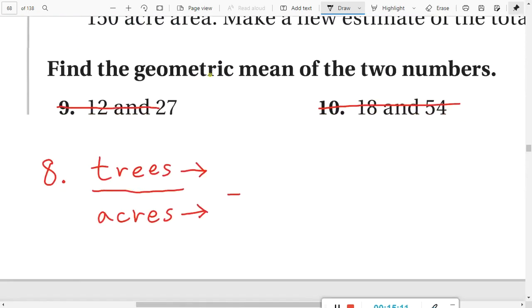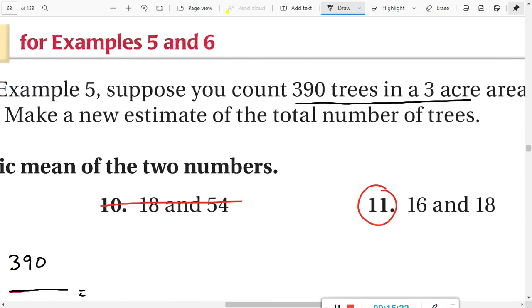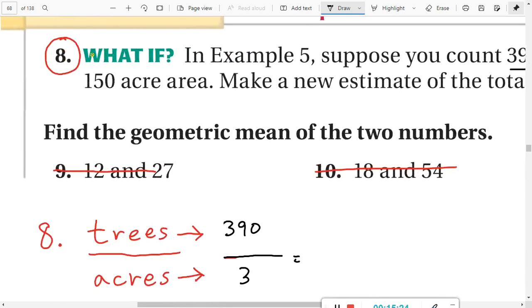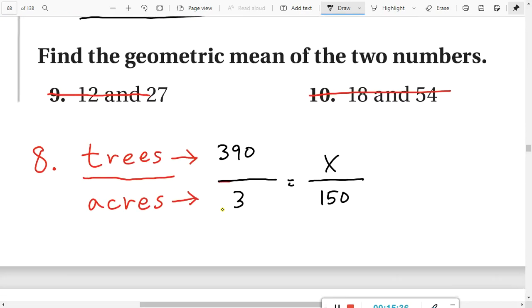So I'm going to do 390 trees over 3 acres. And they want you to make a new estimate for the number of trees in 150 acres. So acres is in the denominator, and X will be the new number of trees.